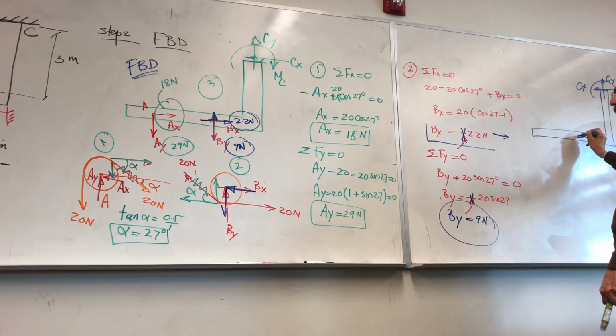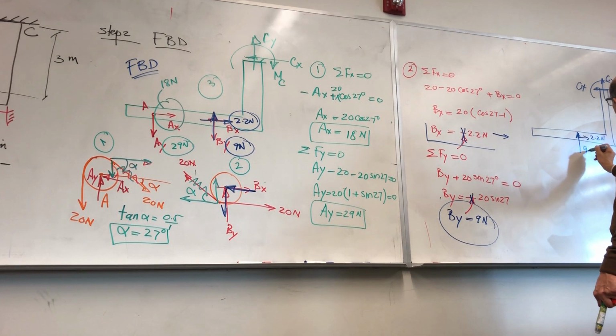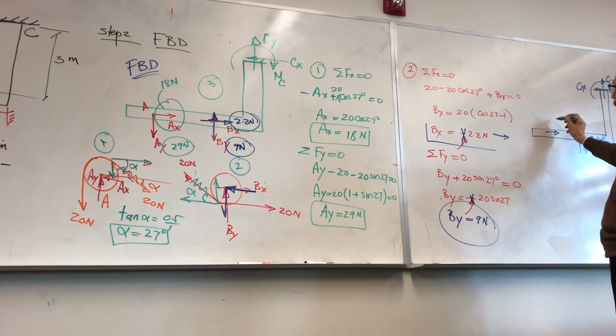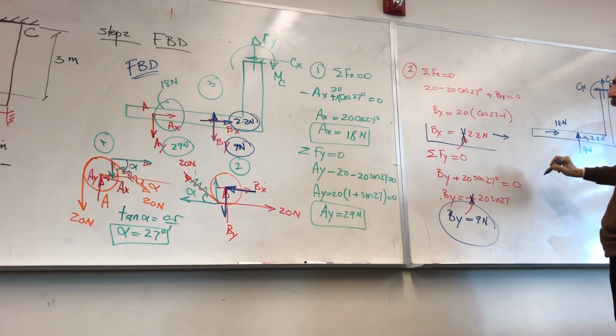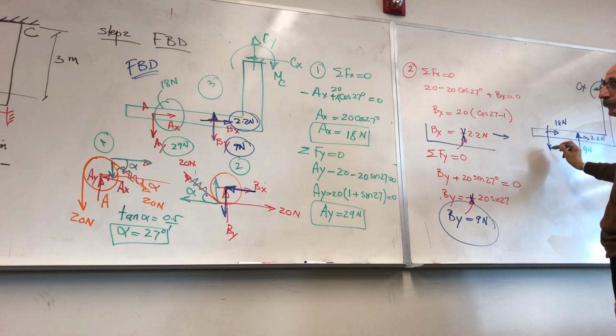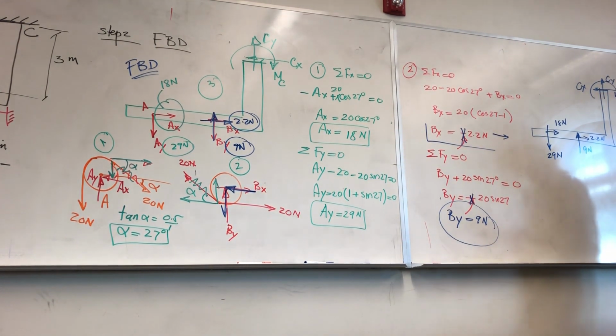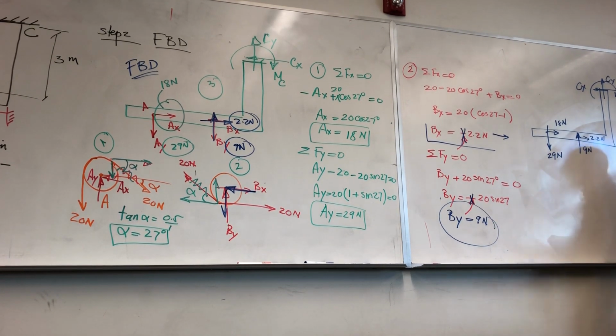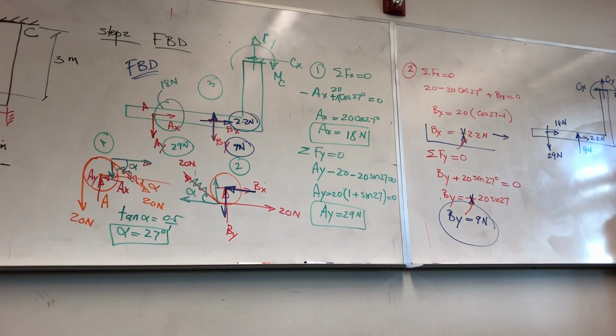You have 9 Newton force in this direction. You have 18 Newton force in this direction, and you have 29 Newton force in this direction. In other words, the effect of having those pulleys as a weight on the structure are these force sources, okay?